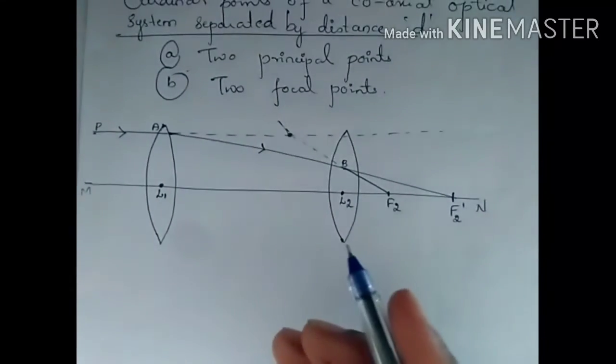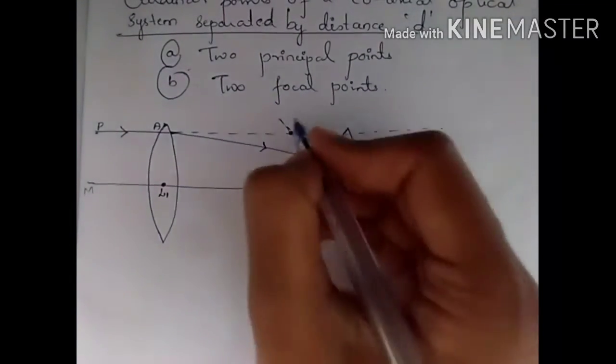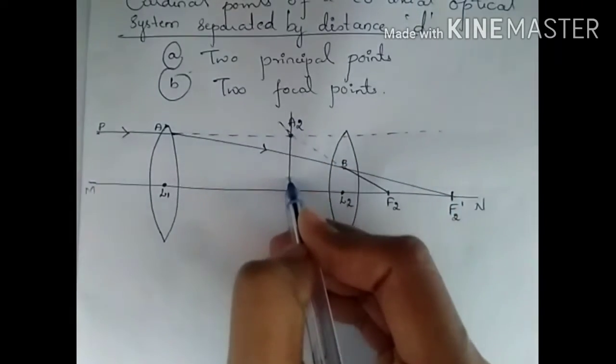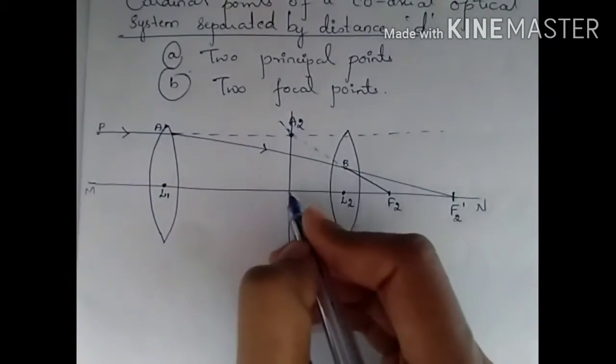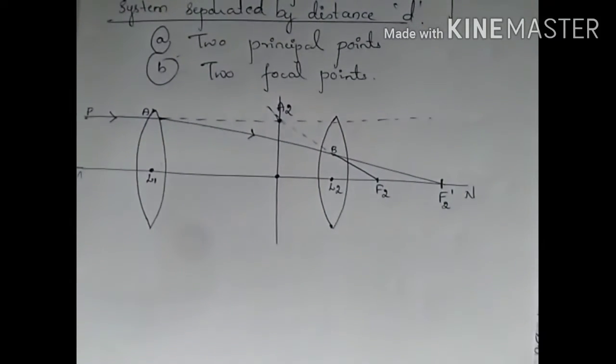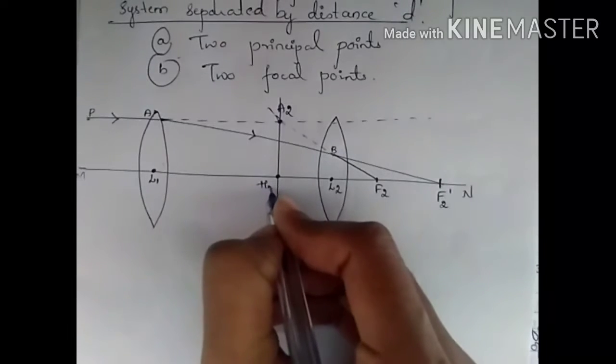appear to meet at a point A2. If you draw the plane perpendicular to A2, this plane intersects the principal axis at a point H2.